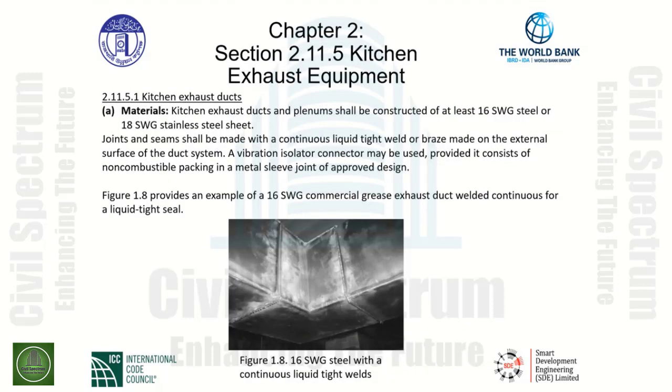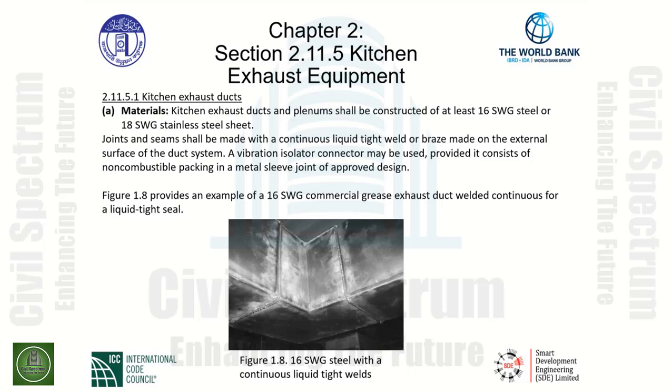Section 2.11.5.1 addresses the requirements regarding kitchen exhaust ducts. Item A describes the requirements for the materials that are utilized for kitchen exhaust ducts and plenums. They shall be constructed of at least 16 gauge steel or 18 gauge stainless steel sheet.